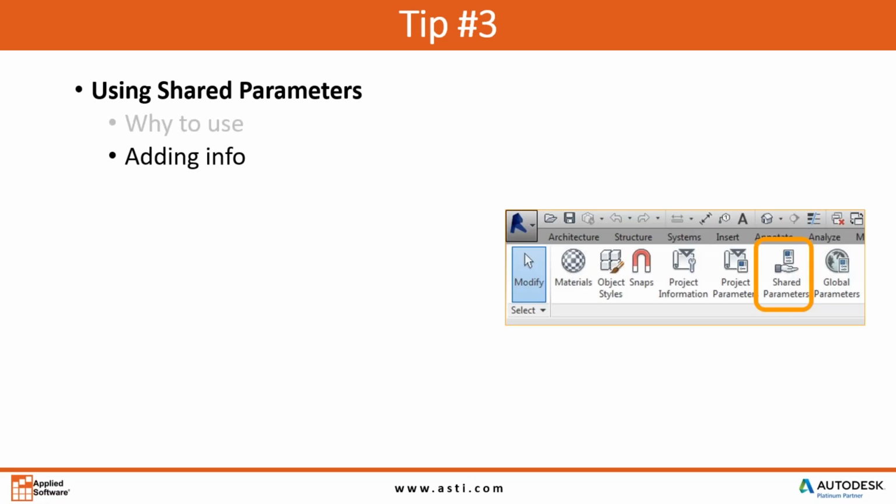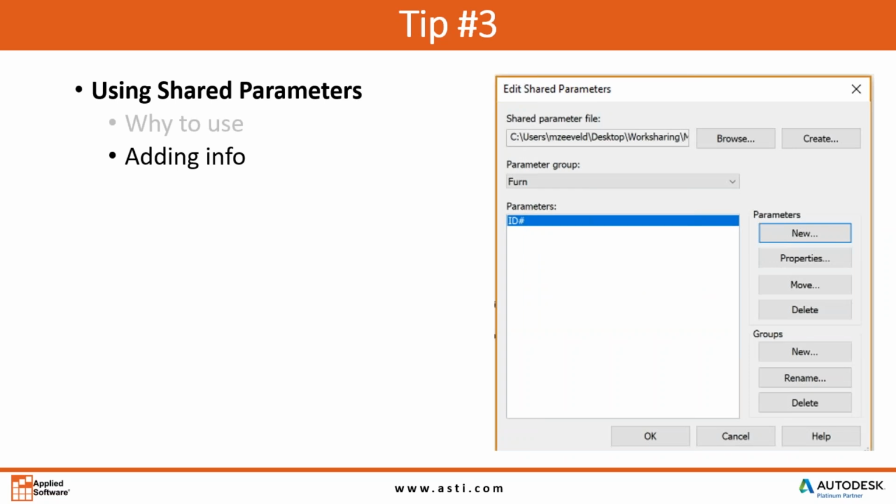All right, so how would we add this? How would you basically set this up? And this is sort of the high-level pass, if you will. Basically, we would be in a family or an object and want to add these shared parameters. So we find the shared parameters button and click on it, and it's going to bring up this dialog box basically saying, this is how you set up these parameters.